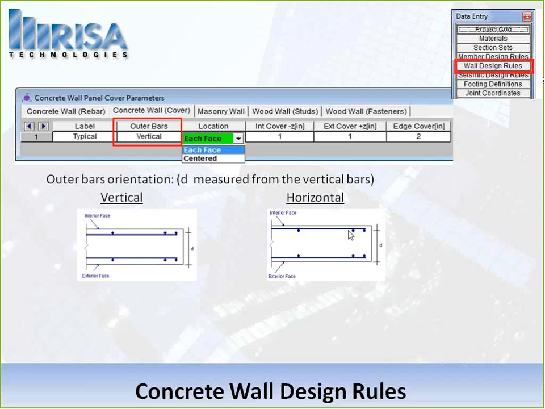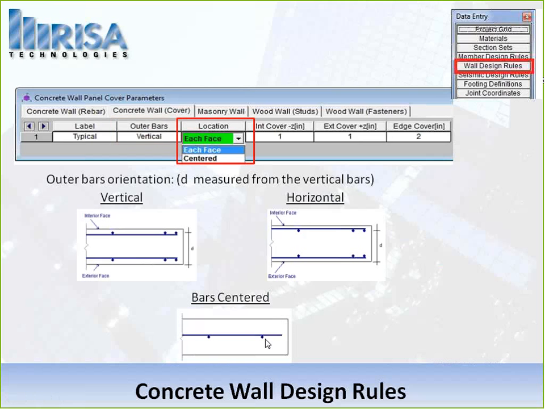You'll notice that it does affect the way the d is measured. The d is going to be a little different whether you pull that bar interior or exterior. However you're modeling that, if you're doing each face, that's important for each face. If you're doing centered, it doesn't matter here. You can see we're just lining it up in the center: your horizontal and vertical bars are going to be centered. You can also define your cover.